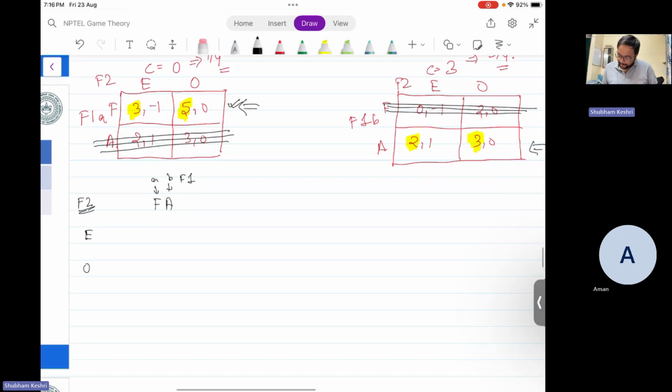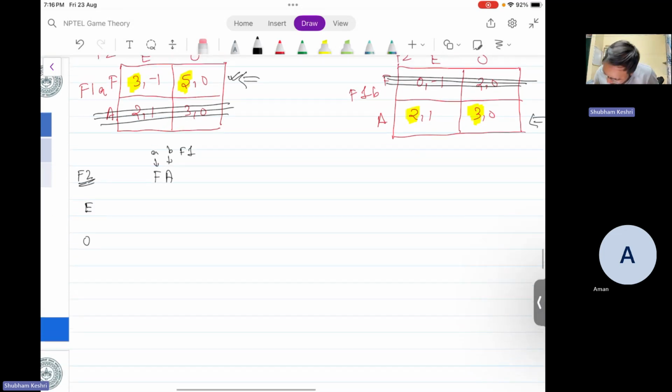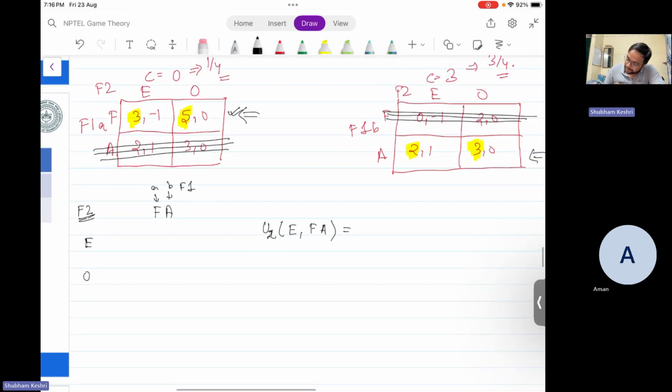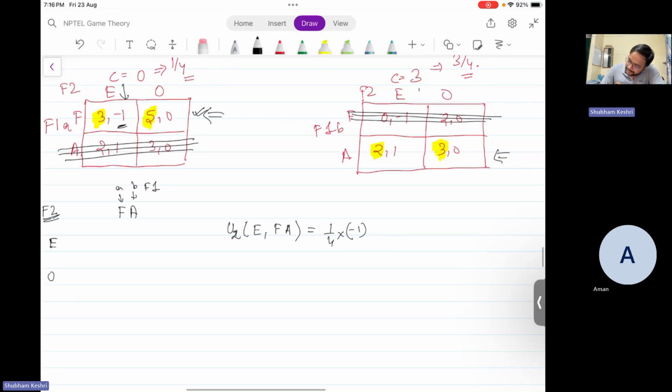Now we'll just quickly find out the expected utilities. You see, the expected utility of player 2 when he is playing E and the other player is playing FA. So this probability is 1/4. You see, it is 1/4 of the time, when he is playing E and type A is playing F, he is getting a utility of -1.